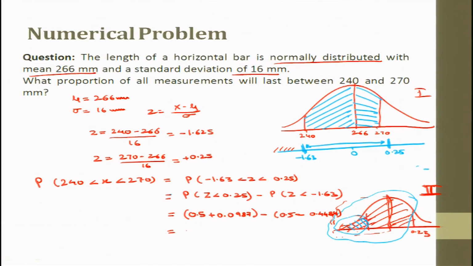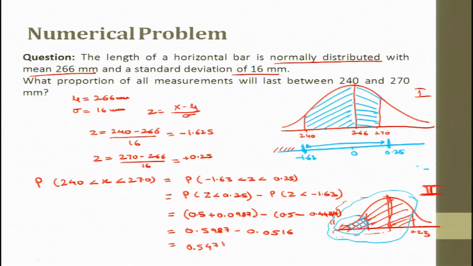So this is 0.5987 minus 0.6150, 0.0516. This is equal to 0.1745, 0.5.